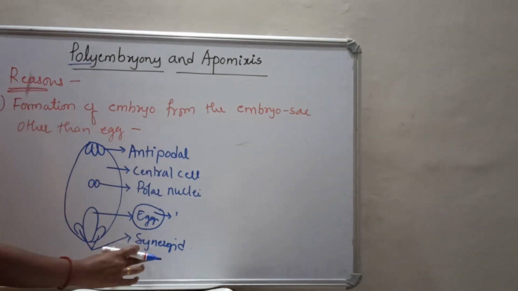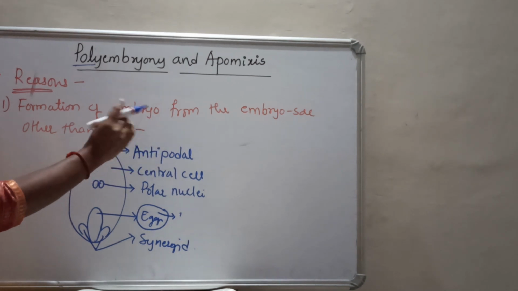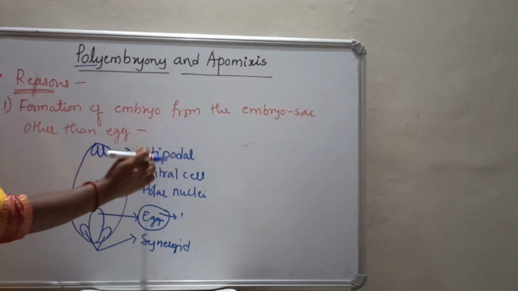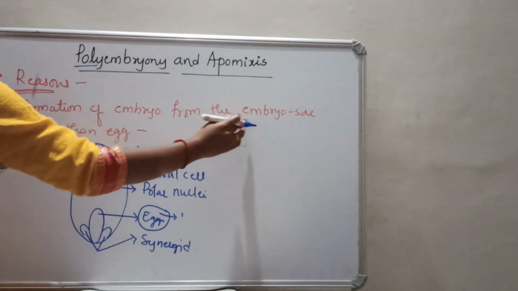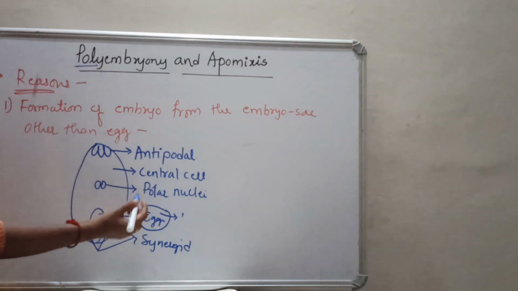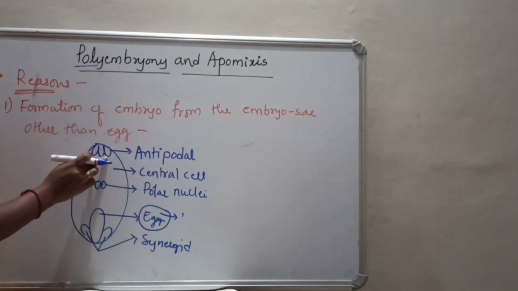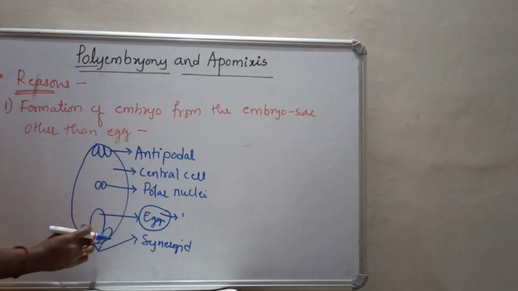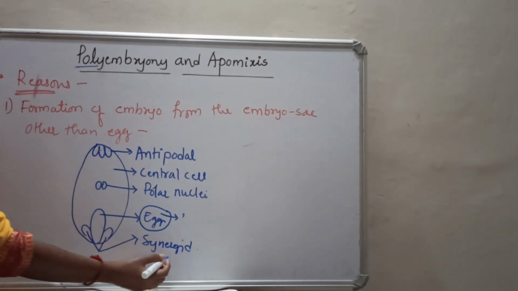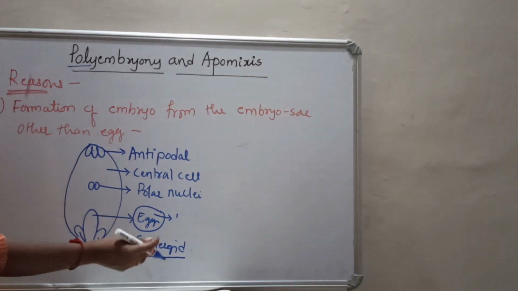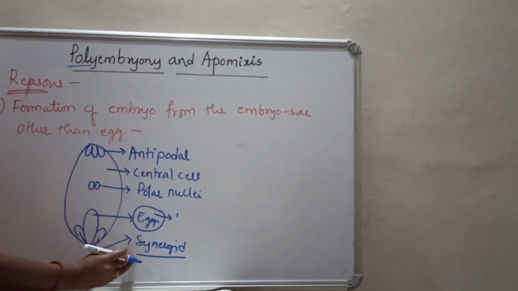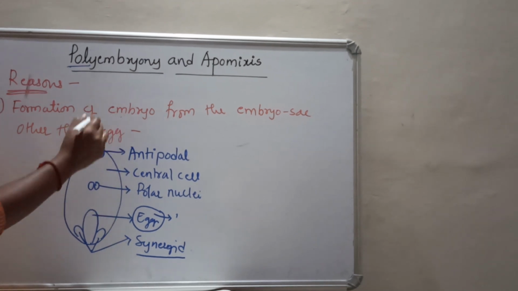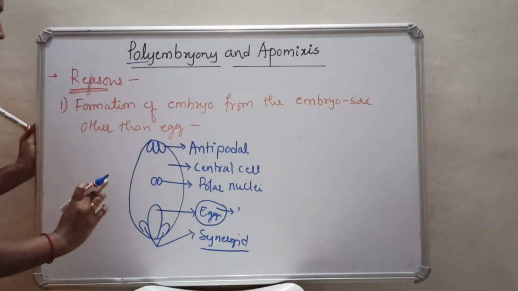The most common cells involved in the formation of the embryo are the synergid cells. This is the first reason.